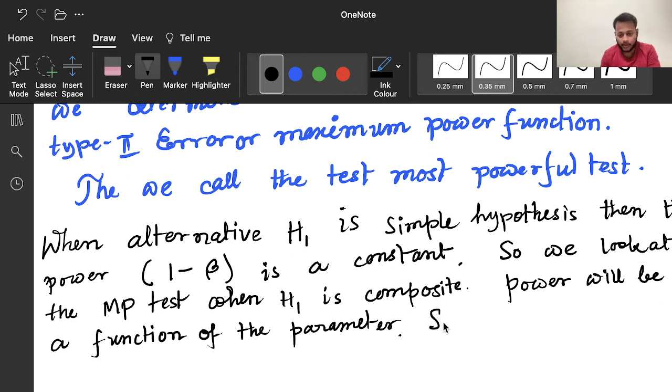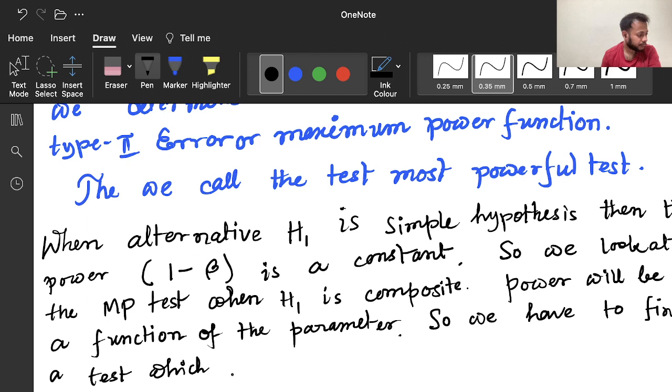So we have to find a test which maximizes this power function.